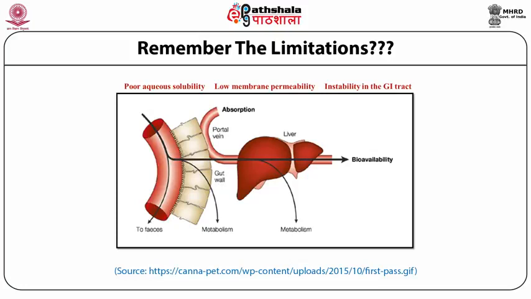One, they are poorly aqueous soluble, which is attributed sometimes to their structure. Two, they have low membrane permeability because they do not have receptors on the intestinal cells. Three, instability in the GI tract, which means that they get conjugated or they undergo reduction.